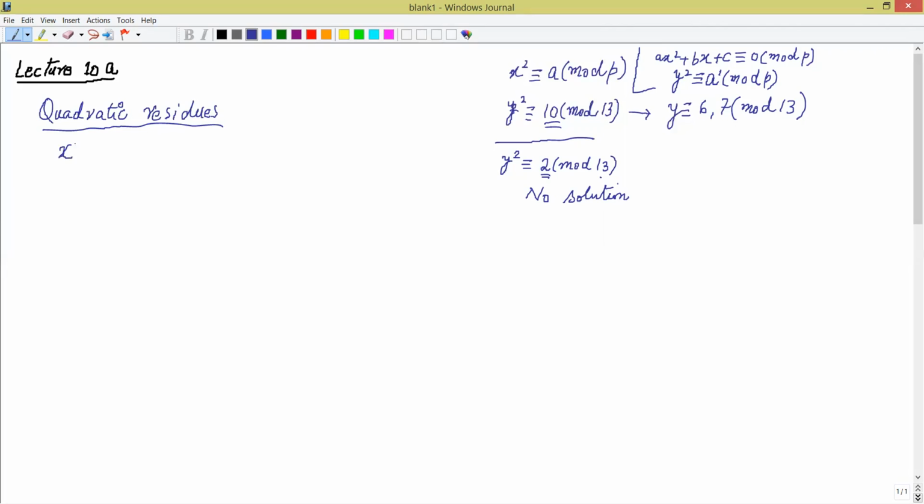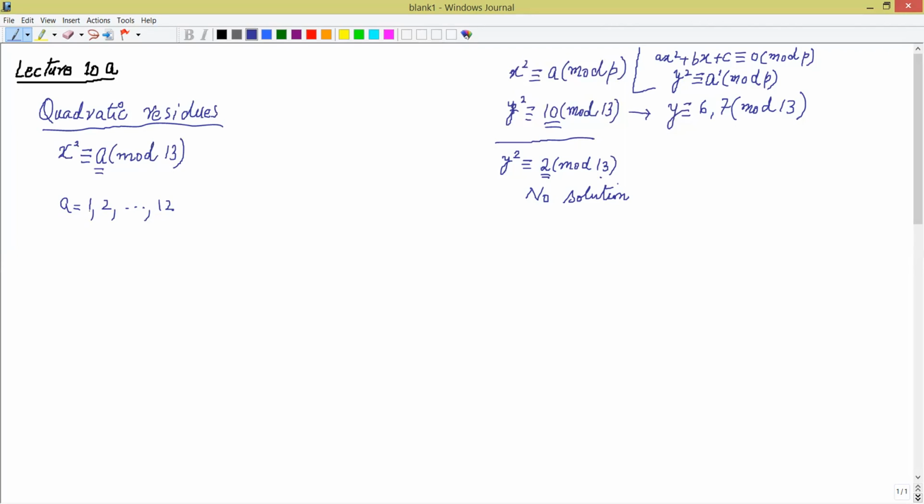For example, we consider x square congruent to a modulo 13. So if we put a from 1 to 12, there are 12 non-zero integers from 1 to 12. Which of them are quadratic residues and which of them are not quadratic residues?